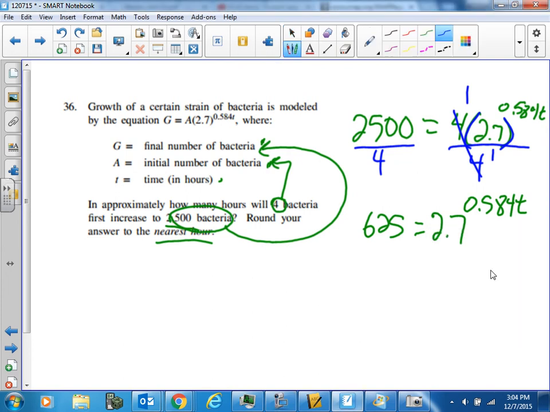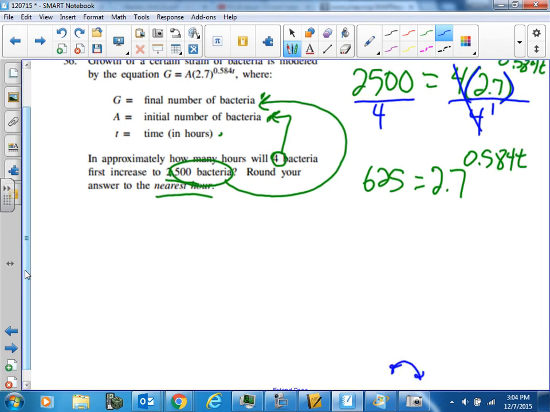All right, hopefully you were seeing that you needed to do some type of log with this. In this case, you can really use log base 10 or natural log. It depends on what you have on your calculator. I'm just going to use the natural log. So I'm going to take the natural log of 625 equals the natural log of 2.7 to the 0.584t.